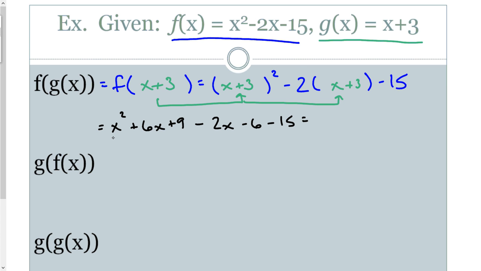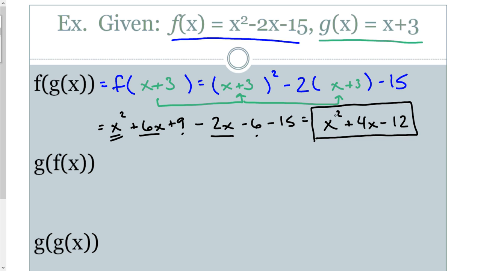Combining all of my like terms, I have x squared, just one of those. I have plus 6x minus 2x, that's plus 4x. Then 9 minus 6 gives me 3, and 3 minus 15 gives me negative 12. So f of g of x for these functions is x squared plus 4x minus 12.